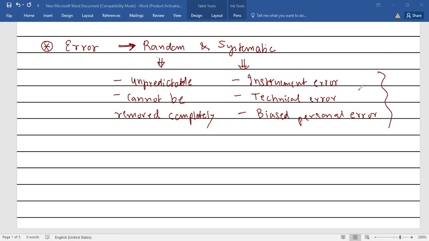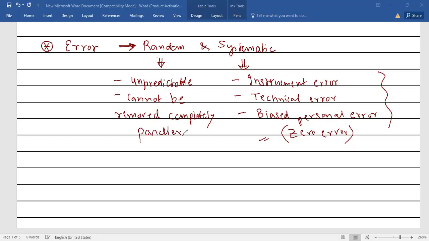Now, these three errors can be removed completely. So, we do not measure systematic error because it can be removed completely. An example of systematic error is zero error. Whereas a random error example is parallax.